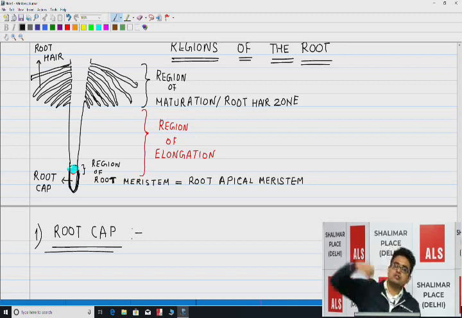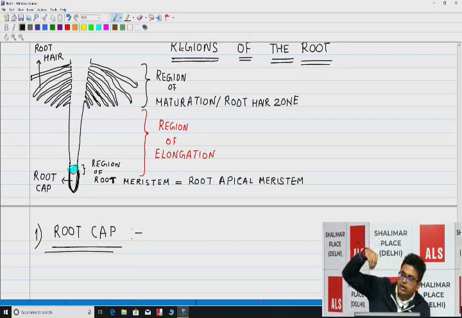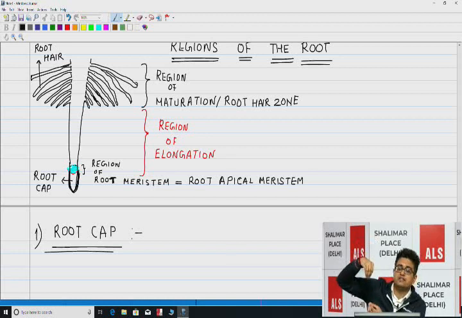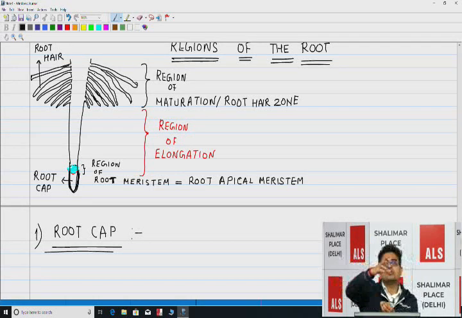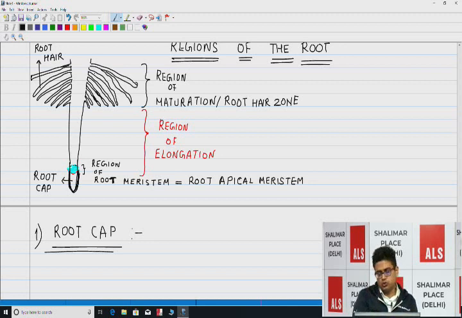Why? Because the root is constantly growing downwards. As it is growing downwards, it will face some resistance from the soil particles, and soil particles represent a lot of friction. Even though the root grows very slowly, it is still going to have some impact. The soil particles are very rough, they will not remove themselves from the path of the root.